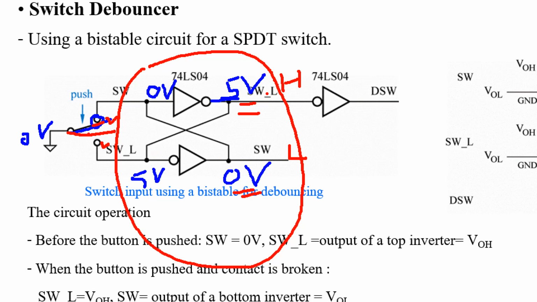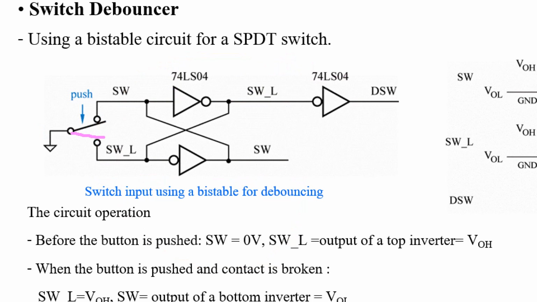And when the contact touches this point, now it becomes 0 here, so it changes to 5 here, then becomes 5 here, and it is 0. So it changes high here, low here. When bouncing occurs, it separates.